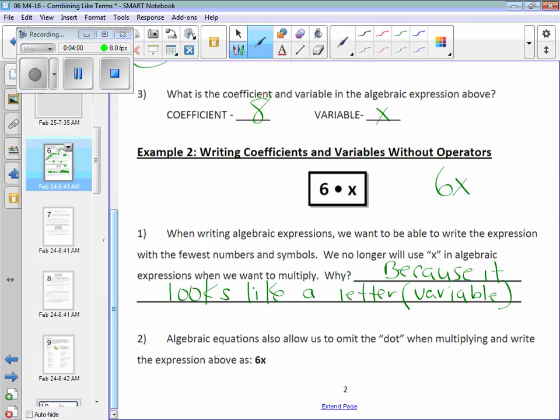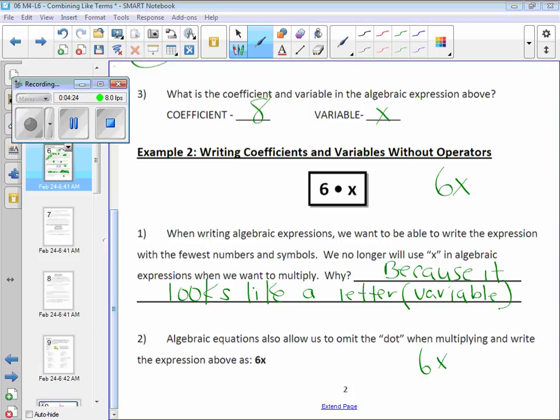So from this point forward, we're going to take out that dot and just put the coefficient and the letter together. It's 6x. In the term 6x, what's the coefficient? Paul. Correct. What's the variable? Ryan. You got it. On the next page, it asks you to identify that.